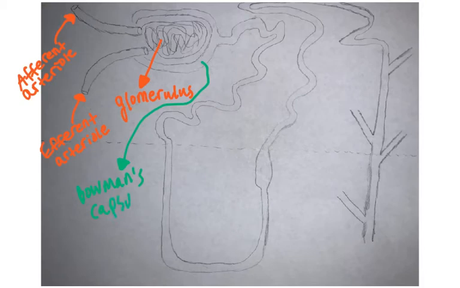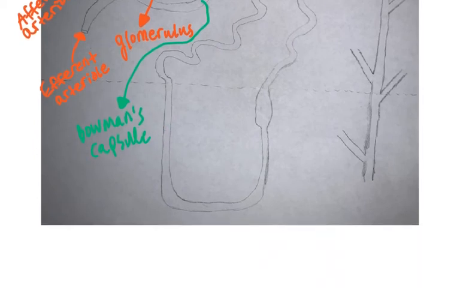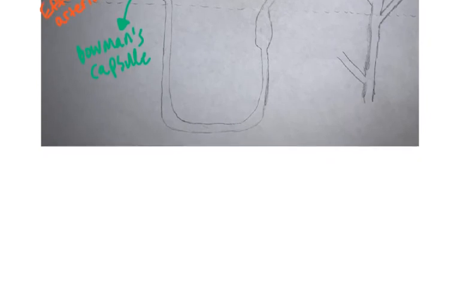From here, the filtrate will then travel along the rest of our nephron. But before we go on, let's mention one thing: together, the glomerulus and the Bowman's capsule are known as the renal corpuscle. Let me write down the structures first.